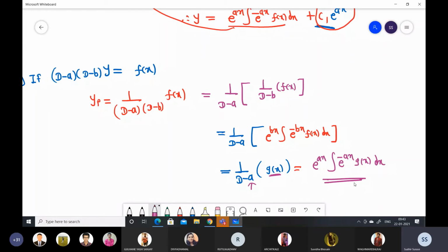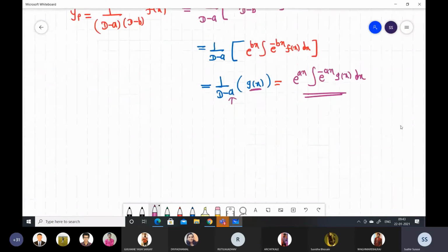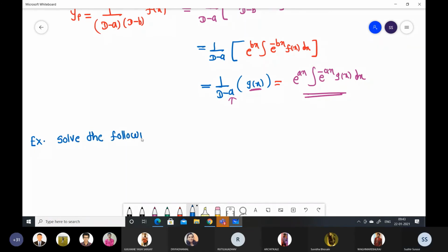So let me give you a particular example, and then we will find out the complementary function as well as the particular integral by using these two formulas. Okay, so the example is here. Solve the following differential equation.